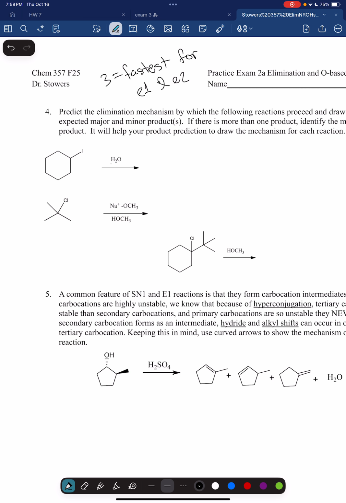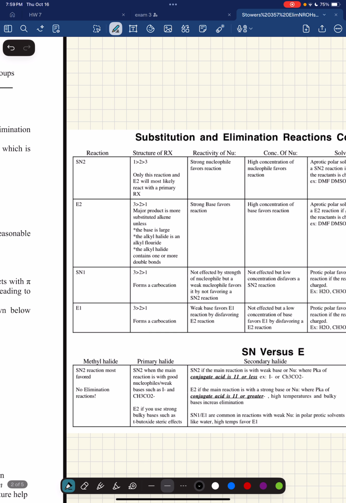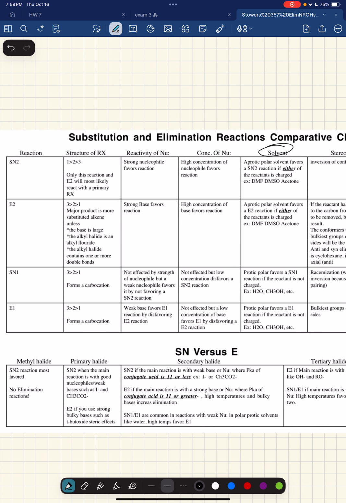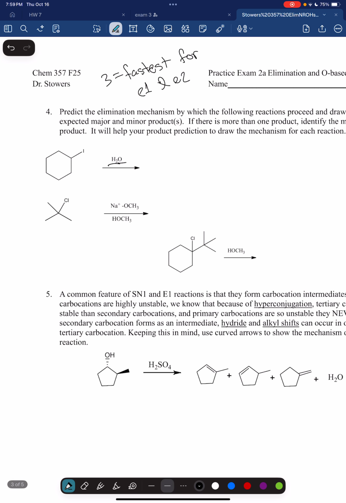So the next thing, look at the solvent. That is the next big step. Look at the solvent and the nucleophile, sorry. In this case, the solvent is the nucleophile. In this case, different solvent, different nucleophile.